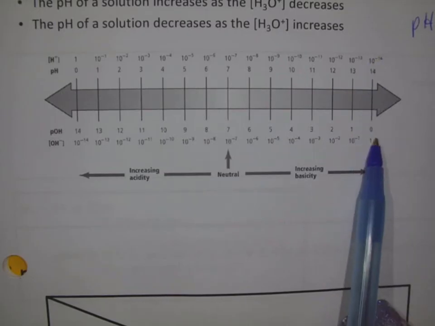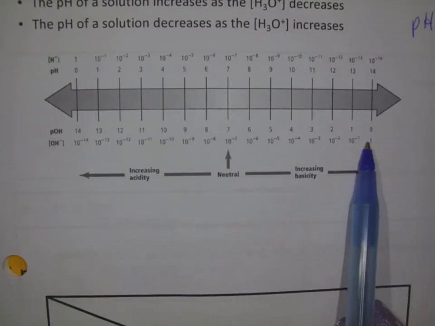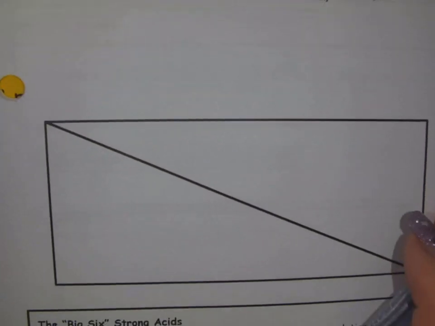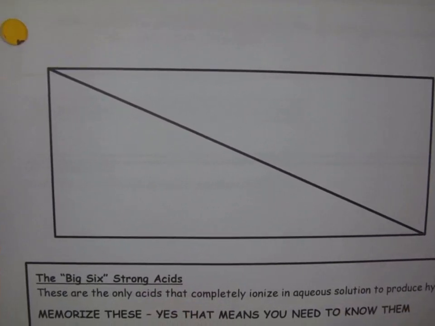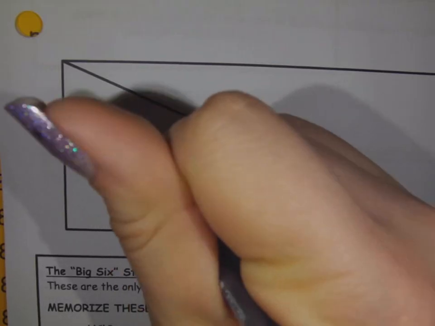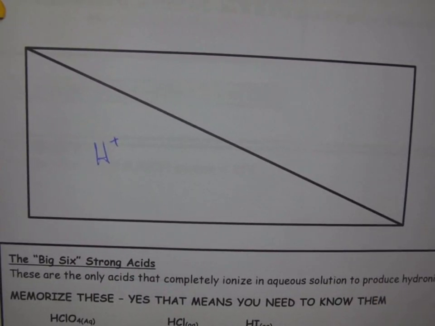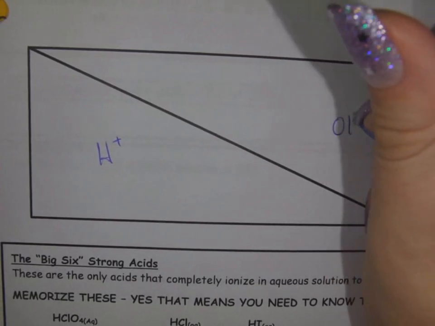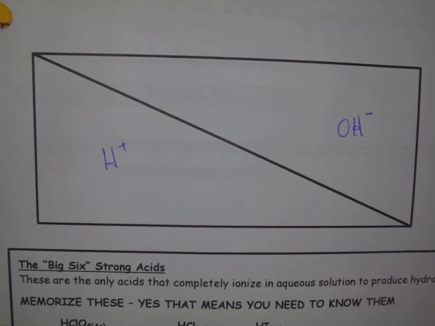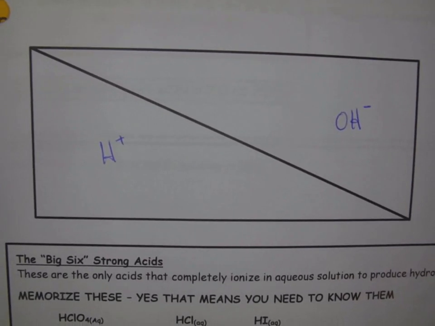It also has more of the hydroxide in it. So if I'm coming down here, this is going to be my H plus or my H3O plus, and then this is going to be the OH minus. And so I have my concentrations here.